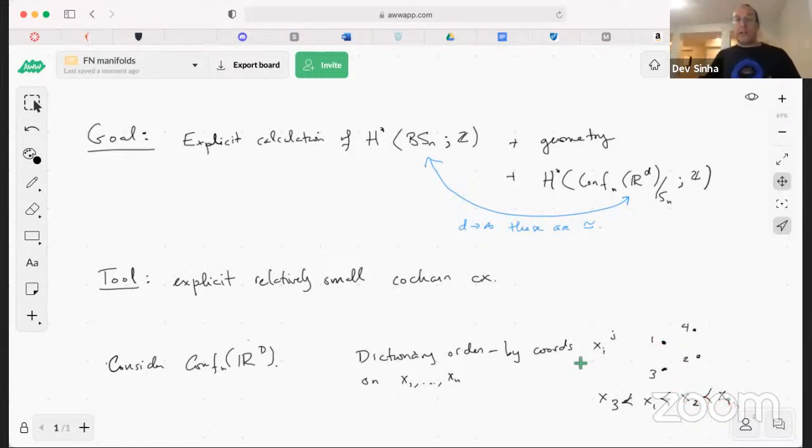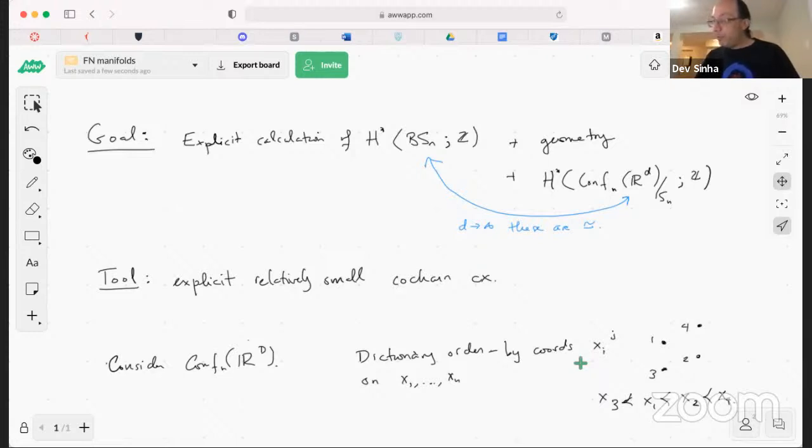So there's a dictionary order on points, and the Fox-Neuwirth cells allow one to decompose the space in ways, essentially via things which share the same ordering. So you get open cells by just having equalities.